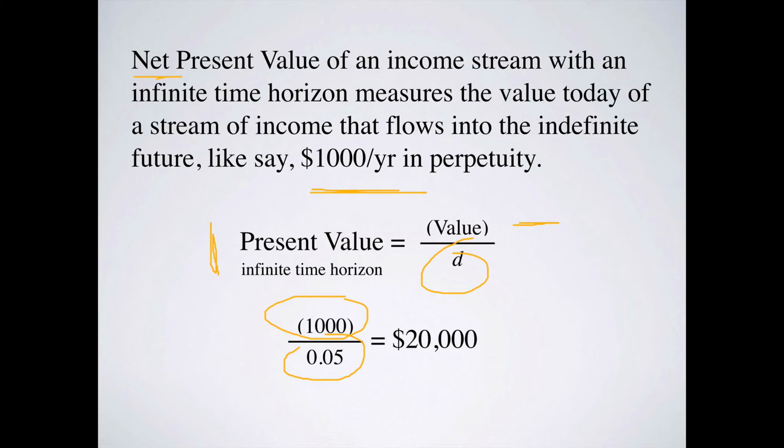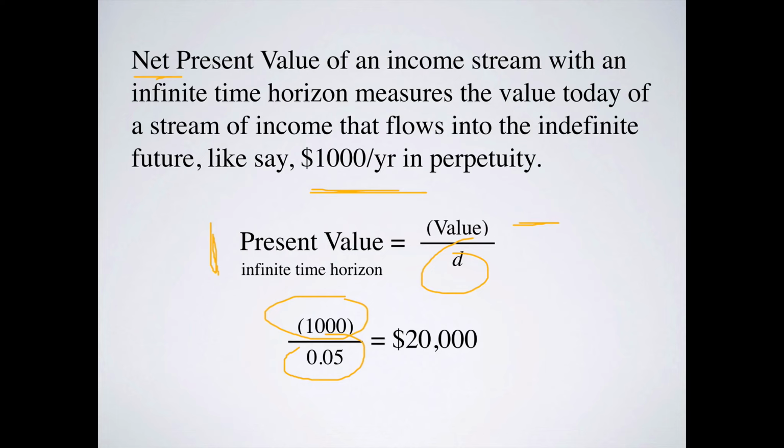So you might see the usefulness of this. What if you are buying and selling something that is an income stream, maybe something like a business? Here we have a business that generates $1,000 a year, and we expect it'll be around forever. What is that worth today? Maybe you want to buy that business.